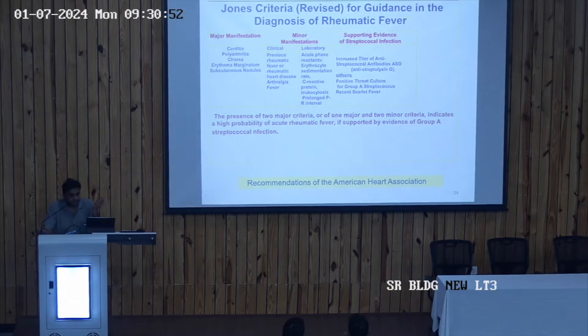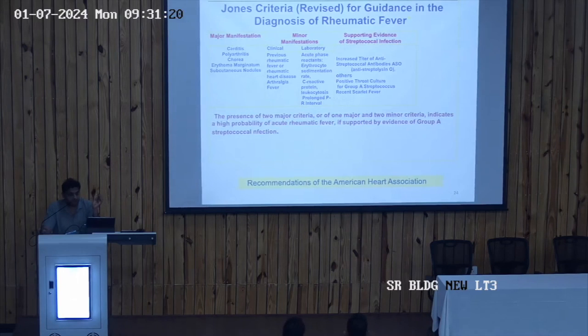The major manifestations are carditis, arthritis, chorea, skin erythema marginatum, and subcutaneous nodules. All five features are major manifestations. Minor, clinically: mild to moderate grade fever, joint pain, heart disease or previous rheumatic fever.